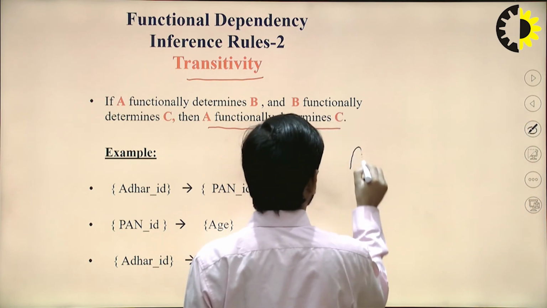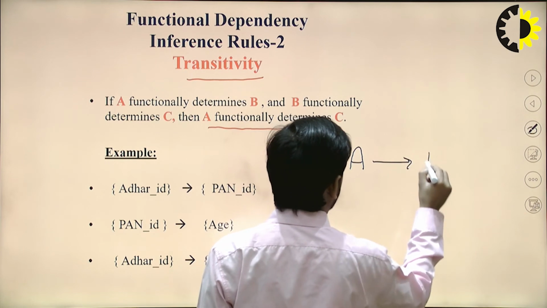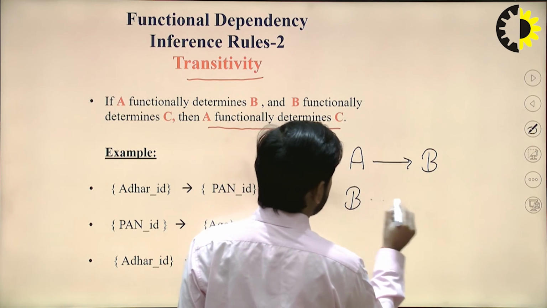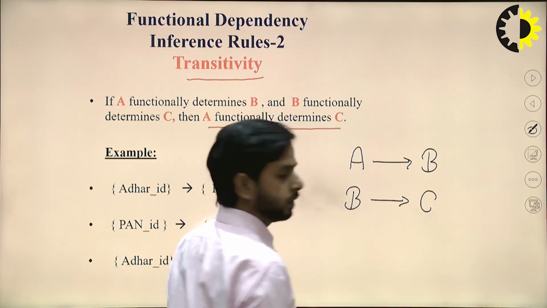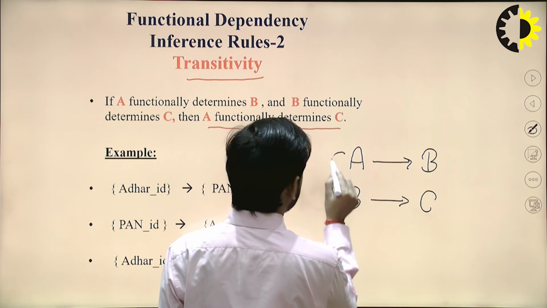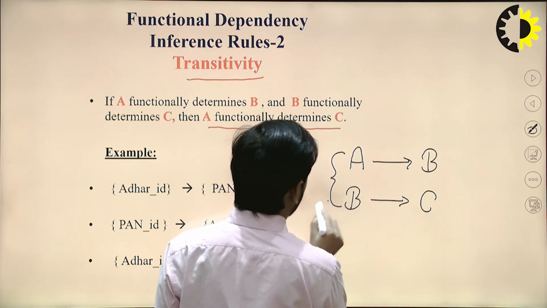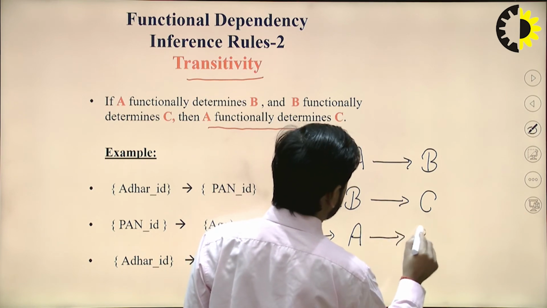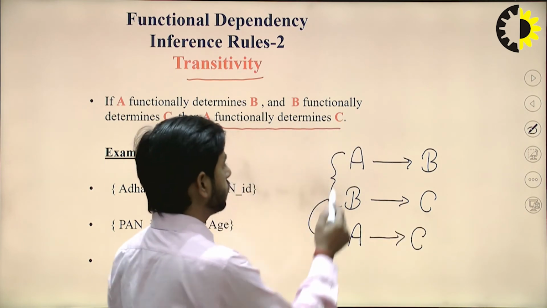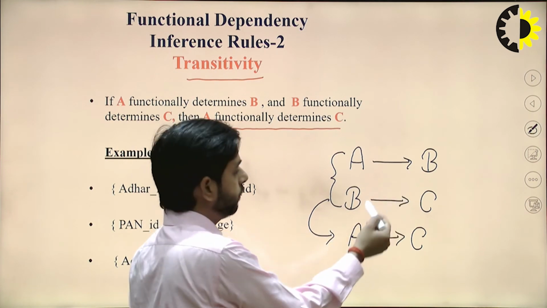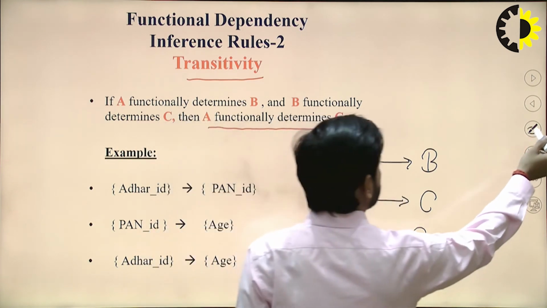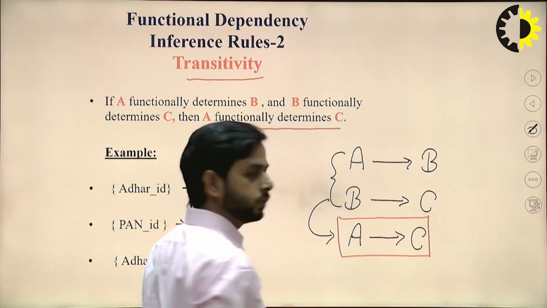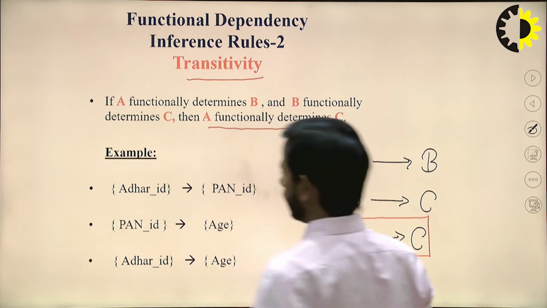If A functionally determines B, and B functionally determines C, then from these two FDs I can infer that A functionally determines C, because through A I can determine B and from B I can determine C. So this is transitivity.